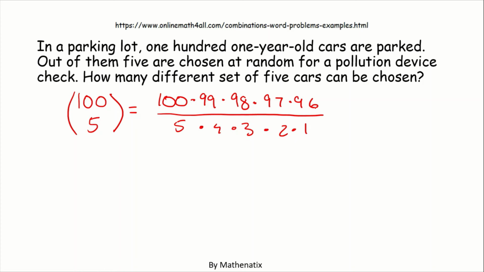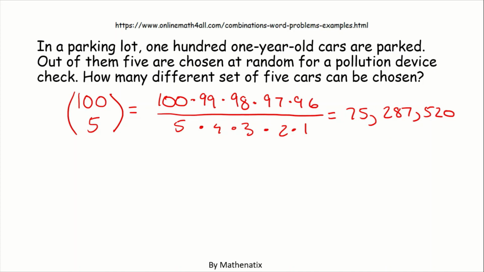Now, if you did go through the hassle of actually trying to solve this, you would end up with 75,287,520.